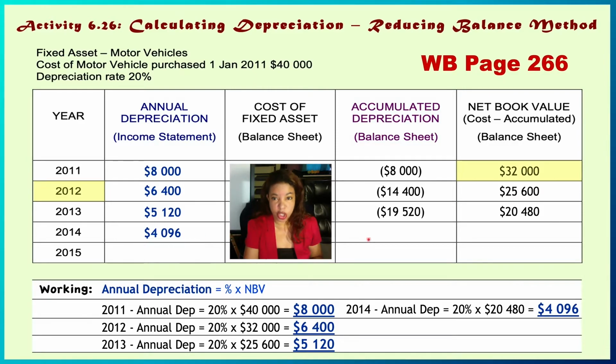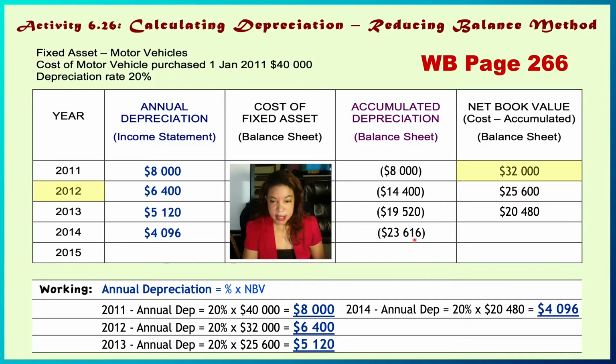Next step, what is your accumulated? It will be all of these. So you add up all of these, or the 19,520, which was your previous accumulated, add your annual depreciation for this particular year, and you will get a new accumulated depreciation of 23,616.